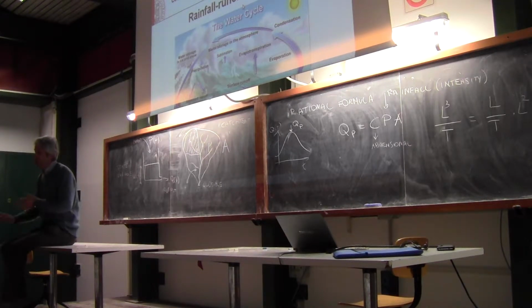Keep in mind, when you talk about rainfall, you can talk about rainfall or rainfall intensity. Rainfall is a length. Rainfall intensity is a length divided by time. So we make a difference between the two. So we say a rain of 1 meter or a rain intensity of 1 meter per year.